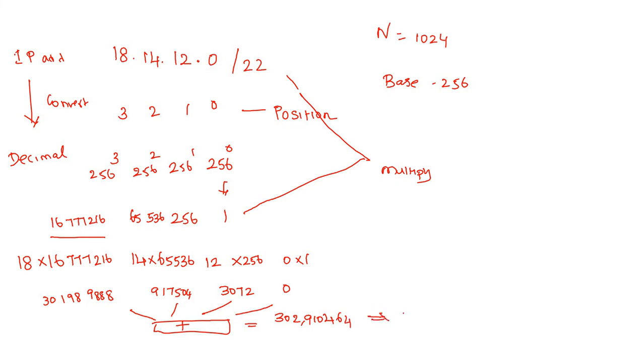This is the corresponding decimal value for the given IP address.